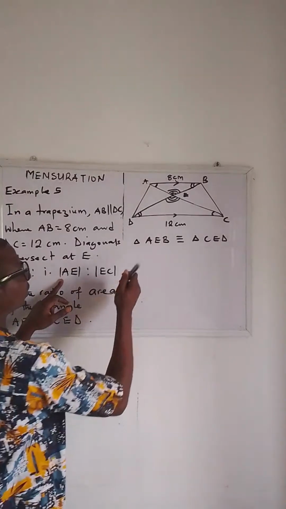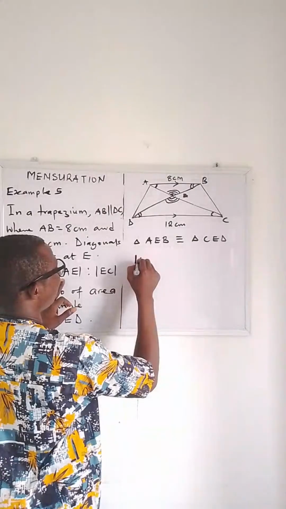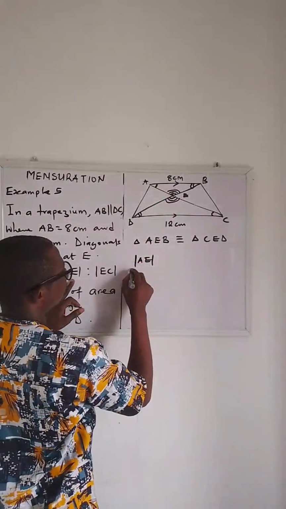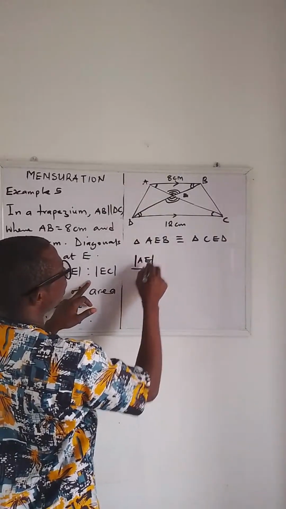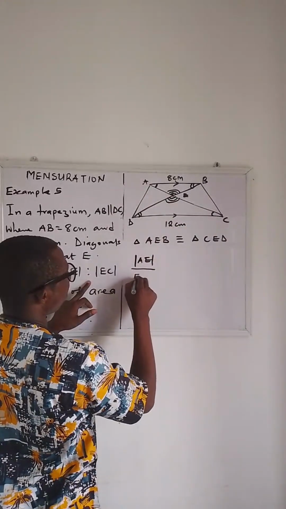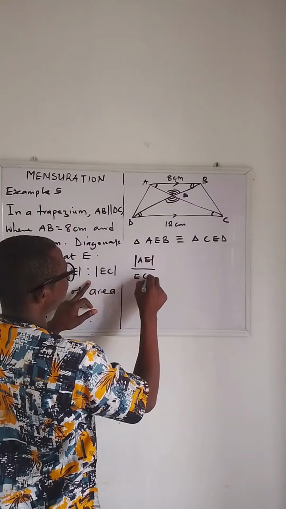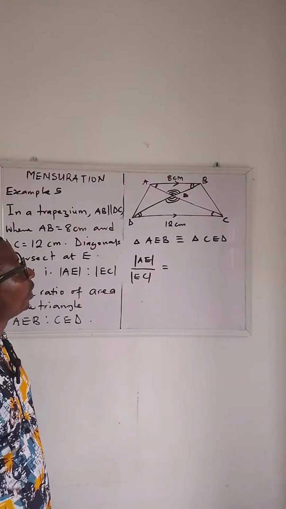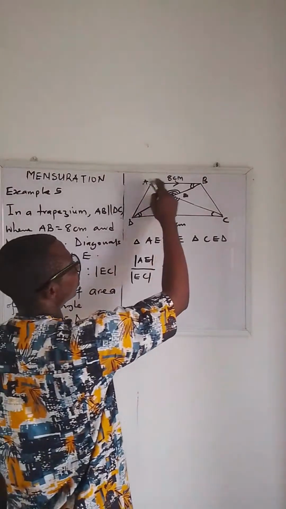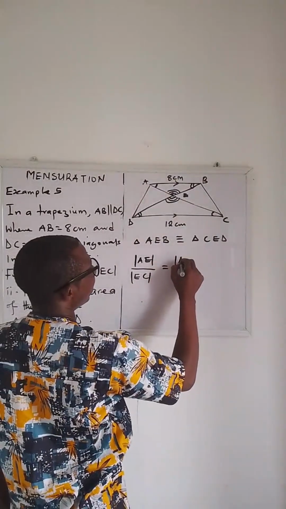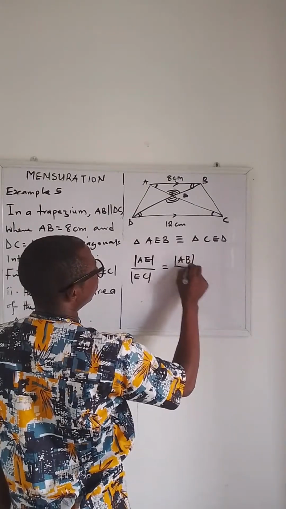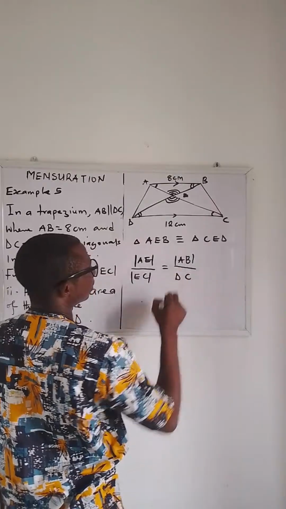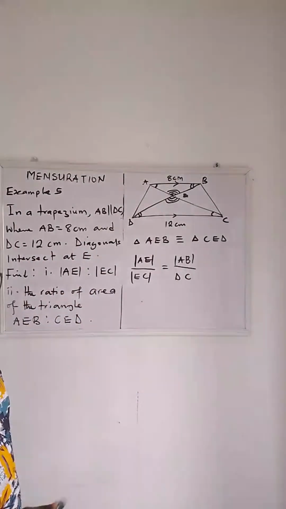So we now say the ratio of the side AE to EC will be equal to, now look at the sides, AB to DC. I hope you understand that.